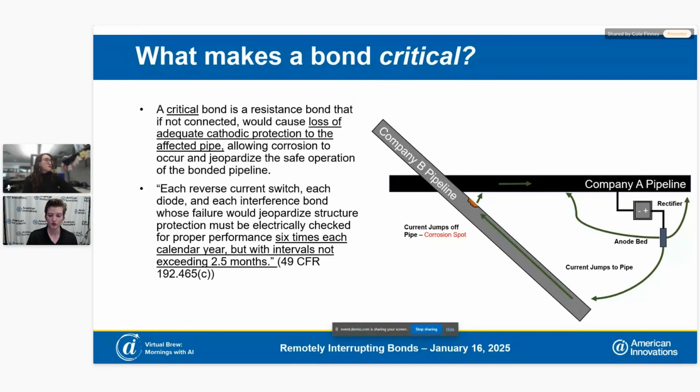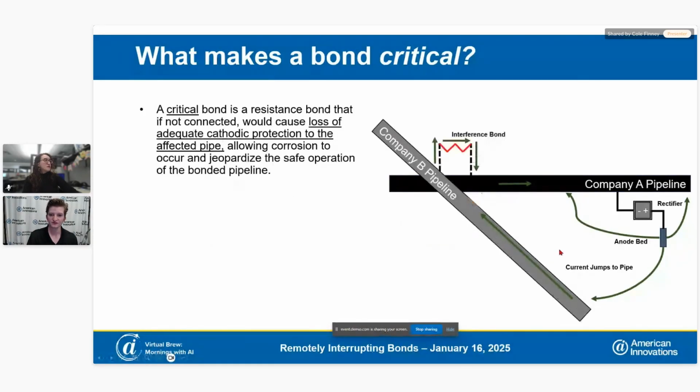As an example, if I go back and see this bond is flowing, like I said, from company A to company B, and with that bond intact, it tells me that it's flowing in the direction I want it to flow. I want it to go from A to B and then back to A. And that way I know the direction that the current is flowing.